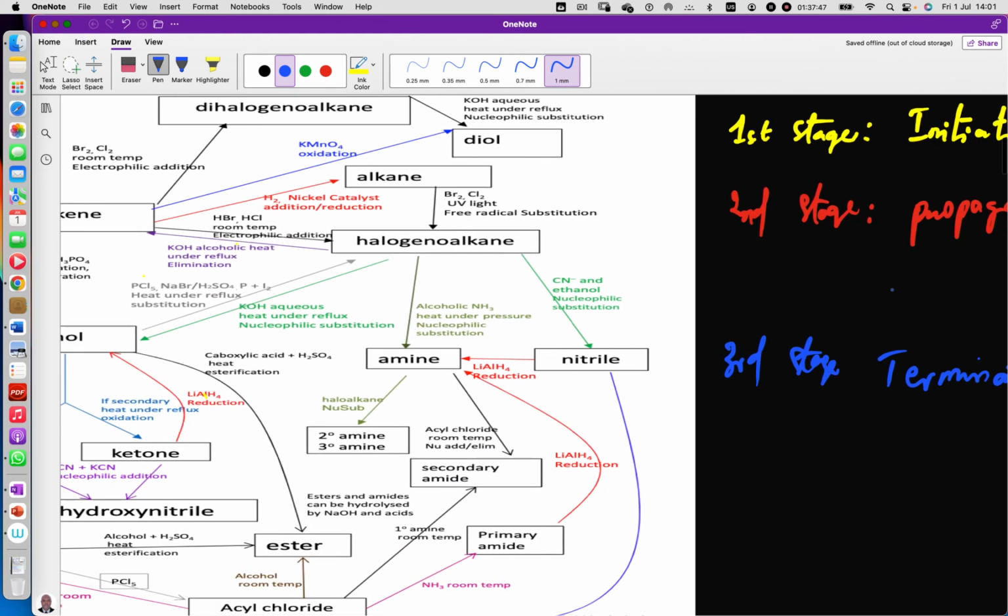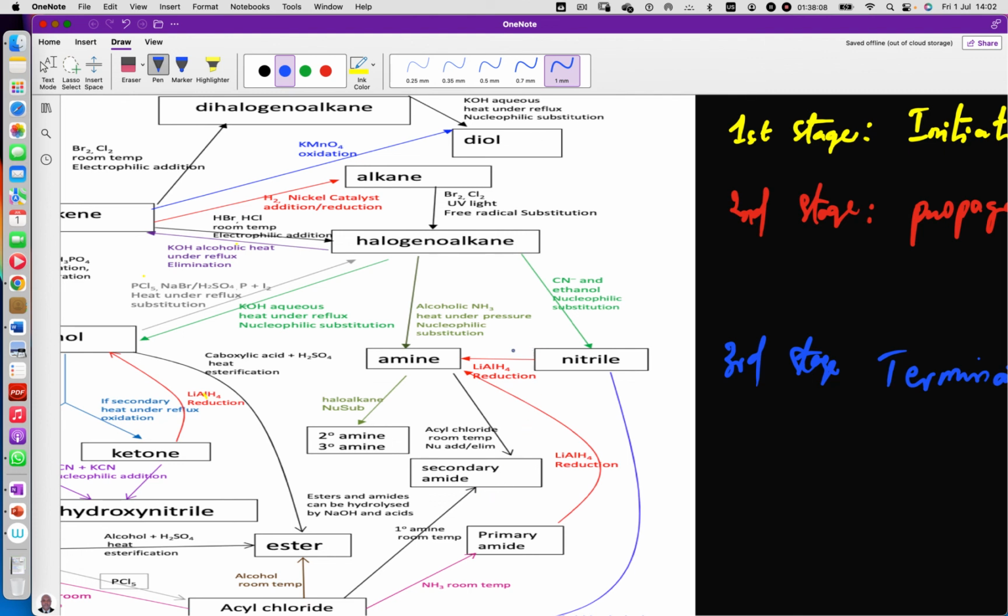Now, finally, amines can react with acyl chloride at room temperature. It will be nucleophilic addition, and we'll have a secondary amine.